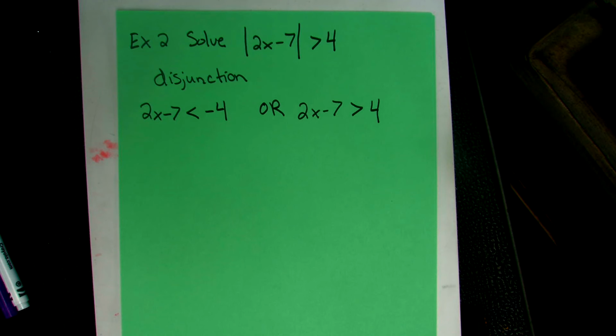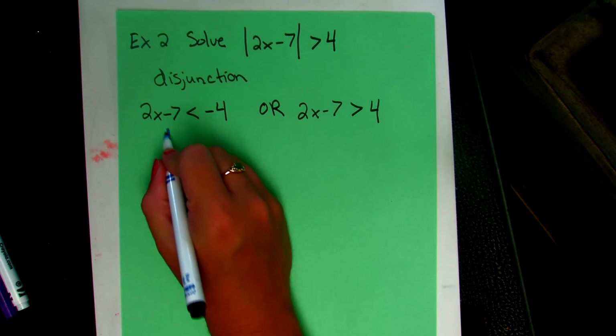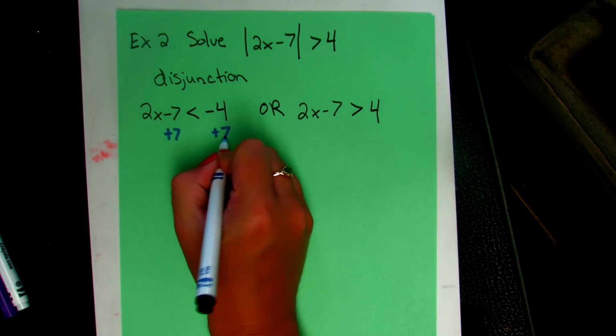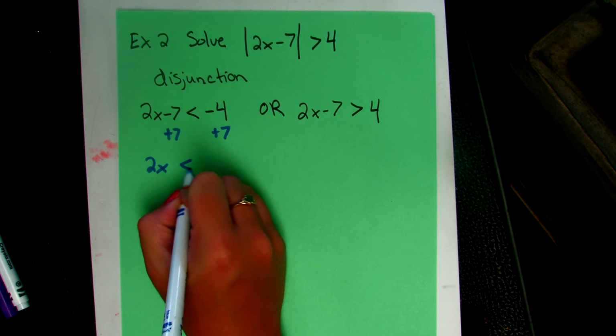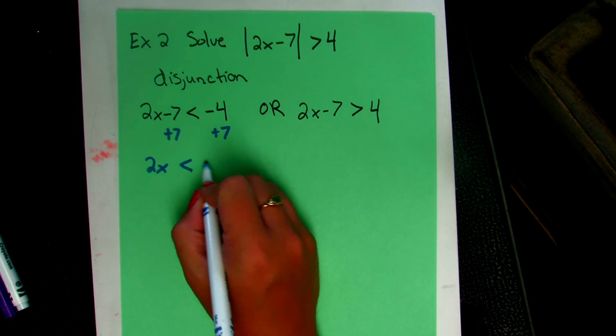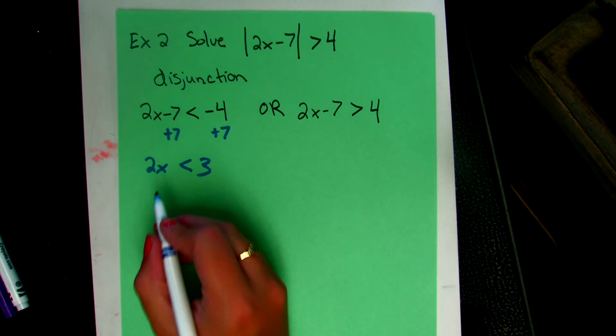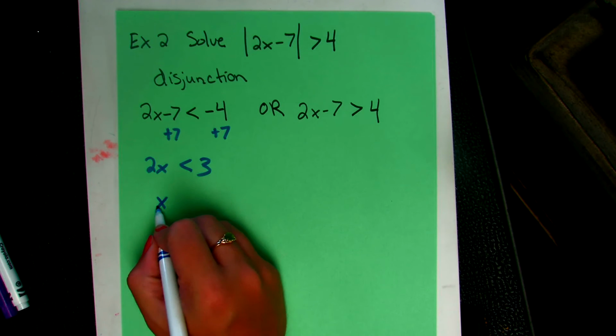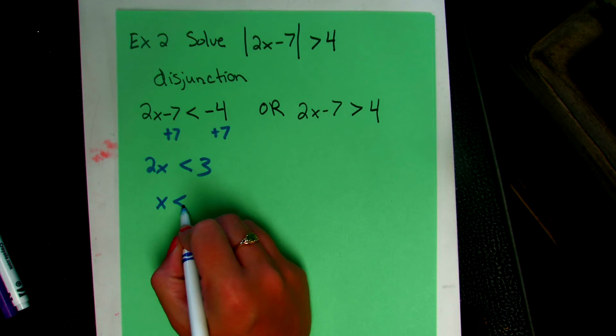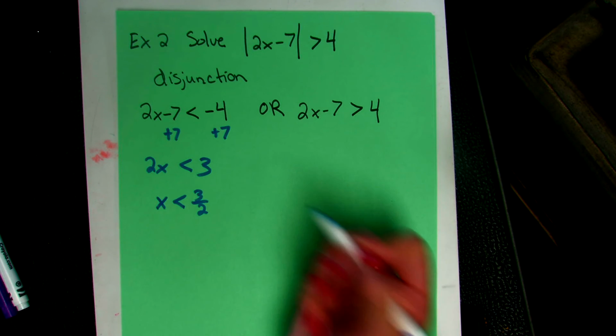I'll start with my left-hand side. I'm going to add 7 to both sides. I get 2x is less than 3. Then I divide both sides by 2, and I get x is less than 3 over 2.